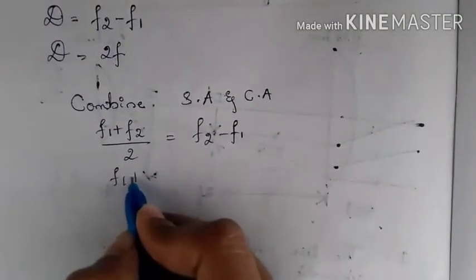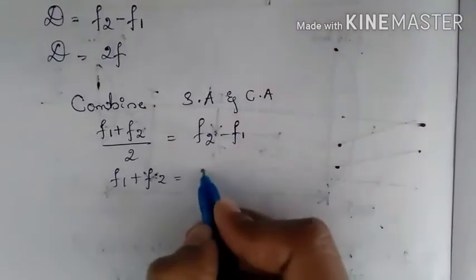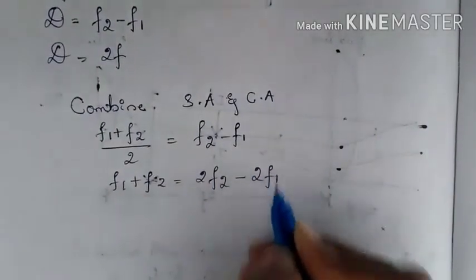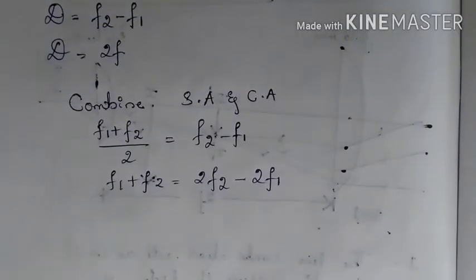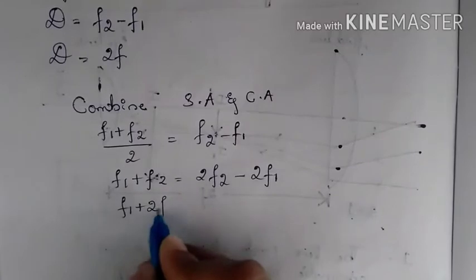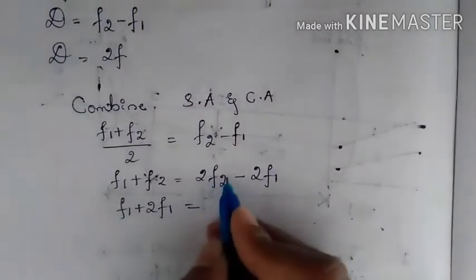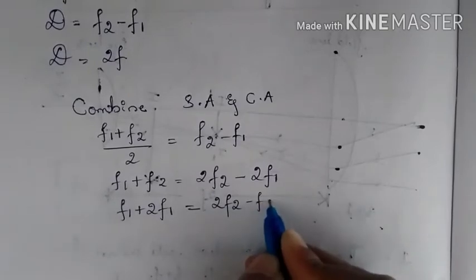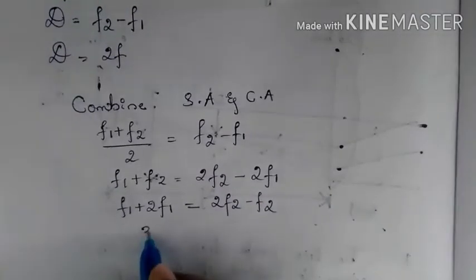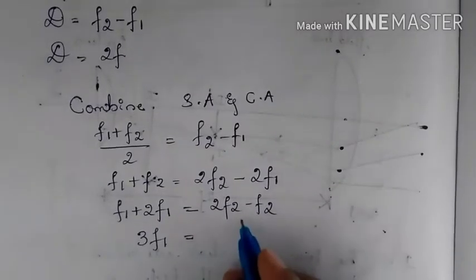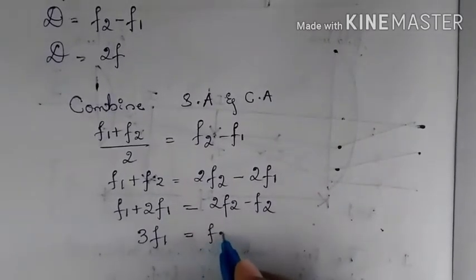So F1 plus F2 is equal to 2F2 minus 2F1. So now F1 plus 2F1 is equal to 2F2 minus F2. So 3F1 is equal to 2F2 minus F2, which is just F2.